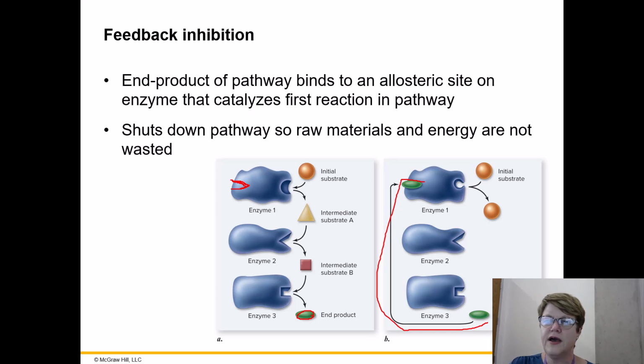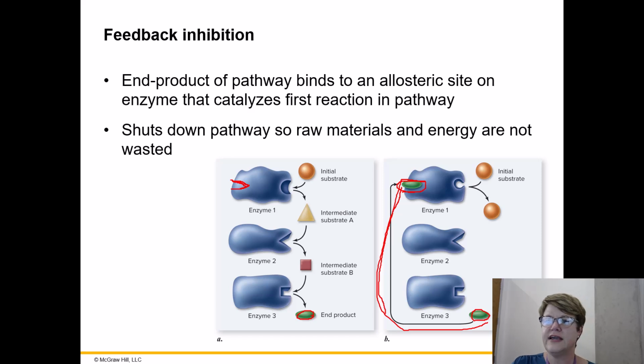When the pile of green ovals starts to get used up and there's not as much anymore, the green oval that was blocking enzyme 1 will be released, and the enzyme can go back to its regular shape and start working again.